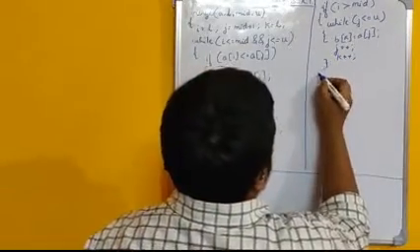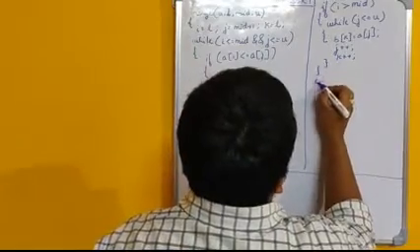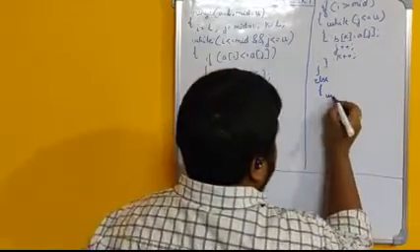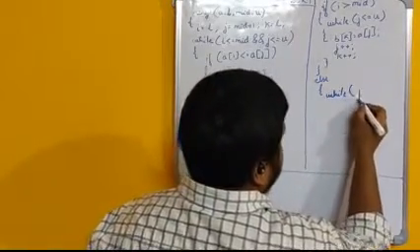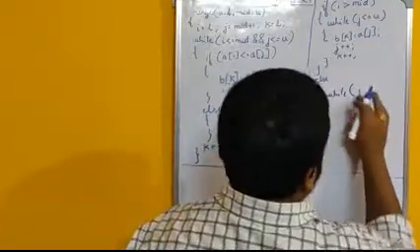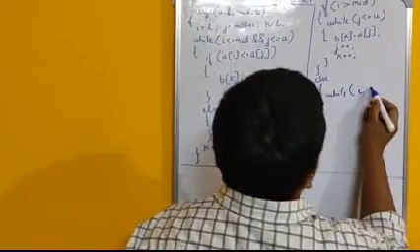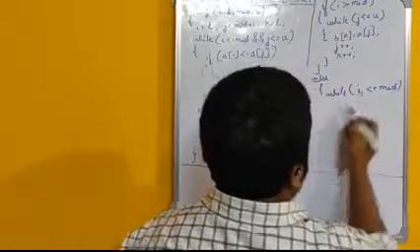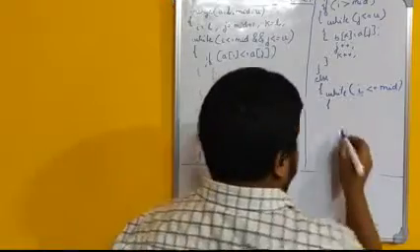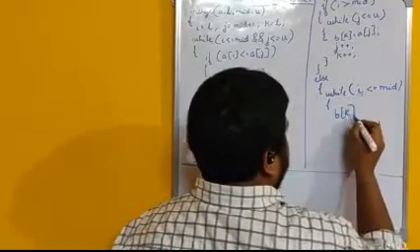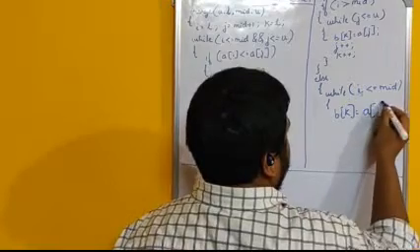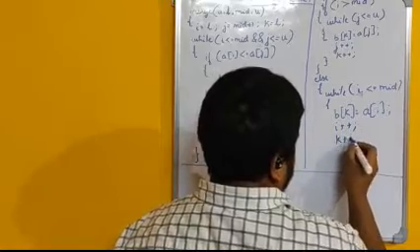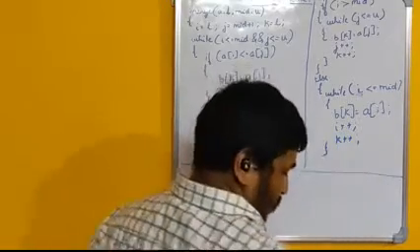Here the else part. What else part? While I is less than or equal to mid, B of K is equal to A of I, I plus plus and K plus plus. So this is over.